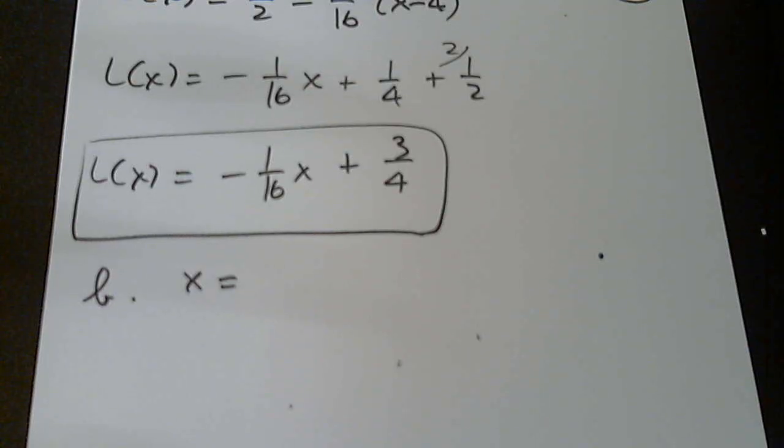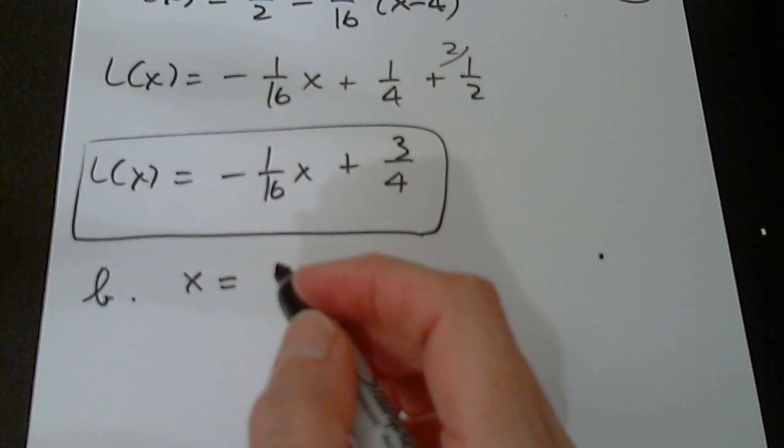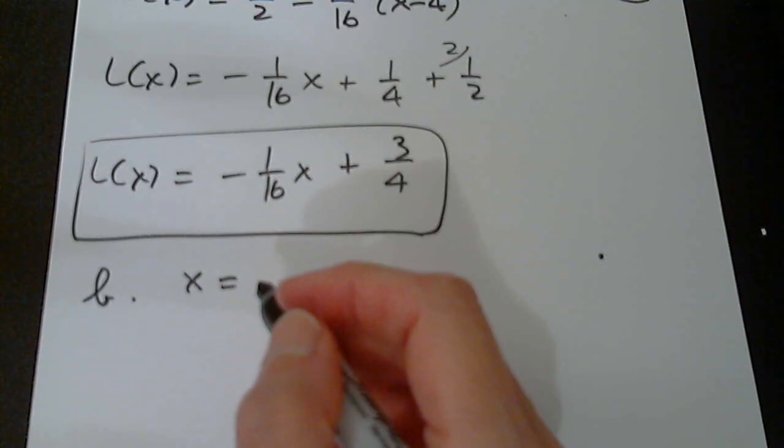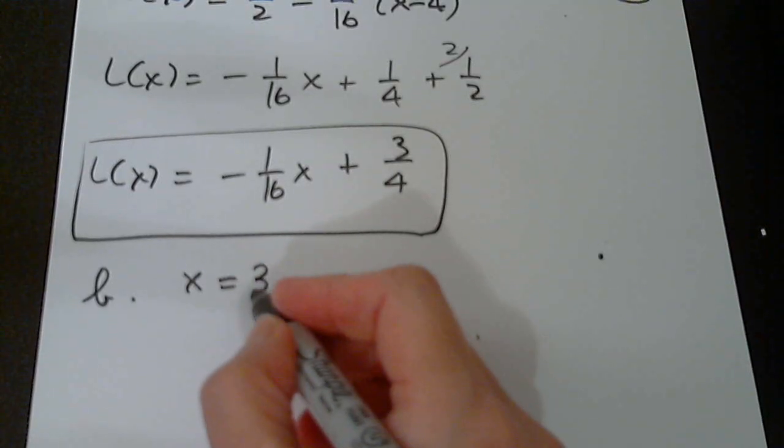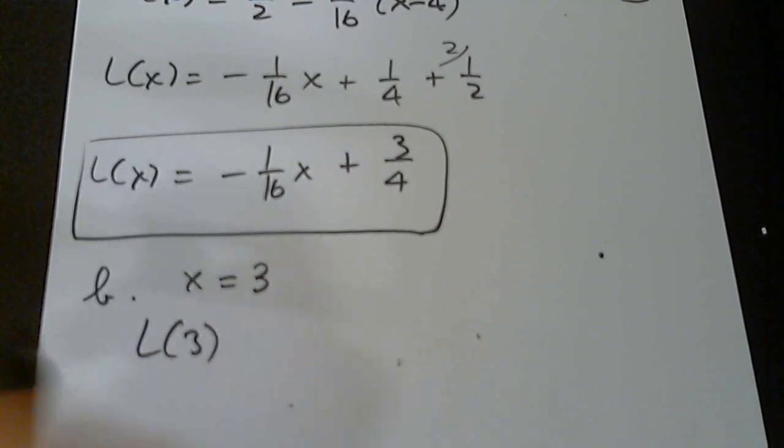Can anyone give us x? 1 over the square root of 3. Careful. It would be the square root of 3, so we are comparing this to this, and we have to find x. 3. Yes, very good. So we have to find L of 3.